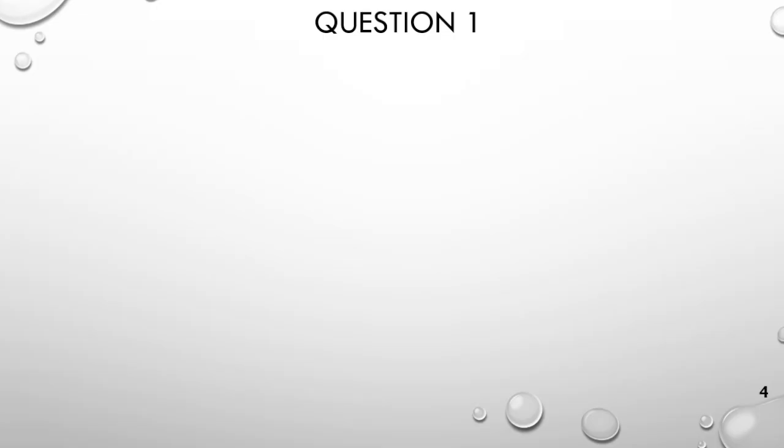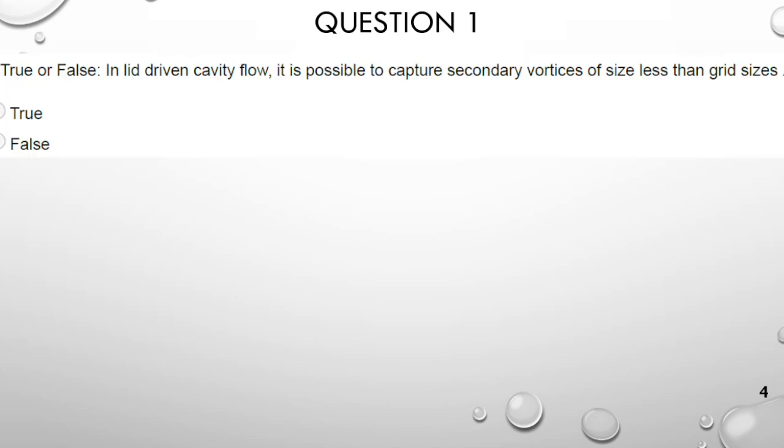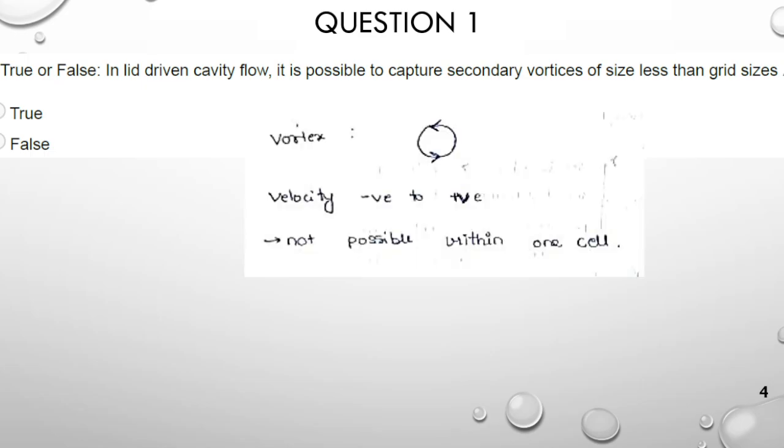Can you write down the answer on the chat box? Yeah, less than the grid size, that is what they are asking. So it should be false. Basically, any vortex you take has a recirculation zone. What do you mean by this recirculation zone? The velocity here changes from negative to positive or positive to negative, whatever it is. It has to change sign like this. So the flow has to go in a circle, in a vortex.